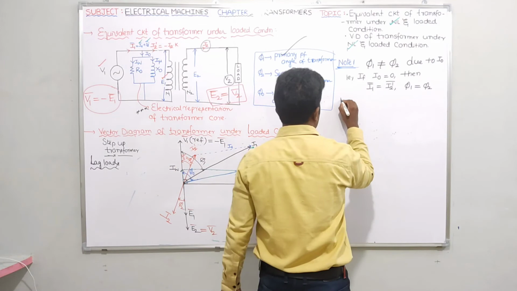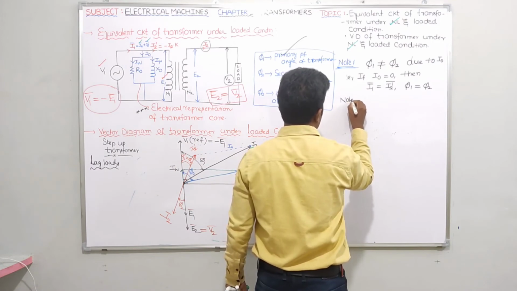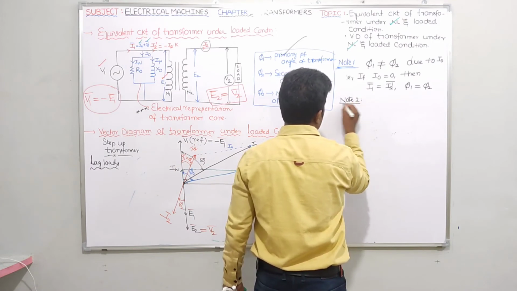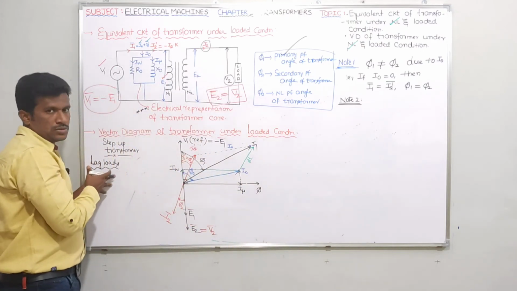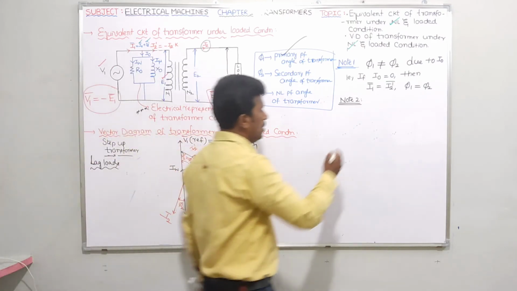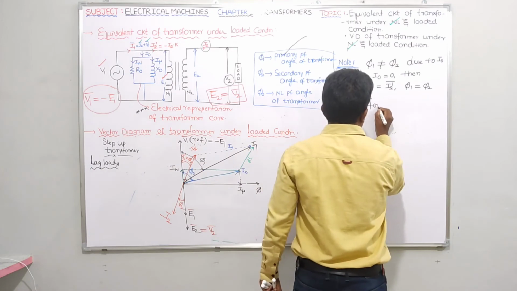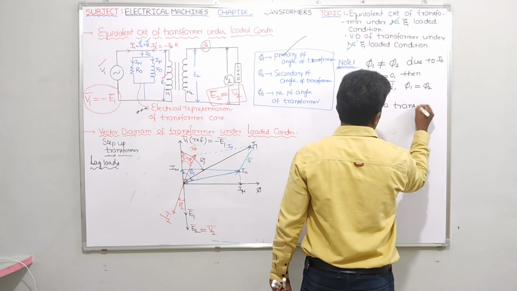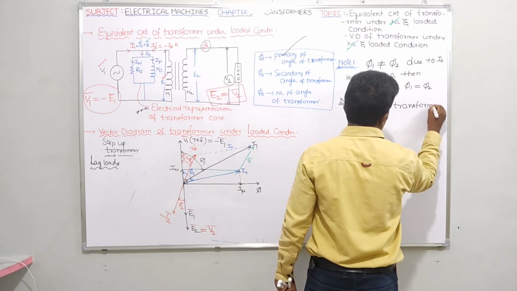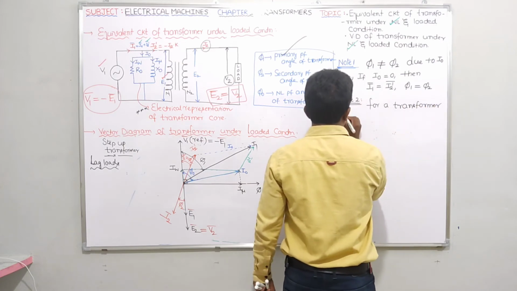Next, note 2, guys. Let me ask note 2. This is a vector diagram for a transformer having lag loads.